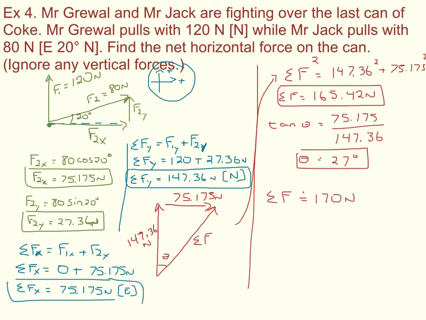And then we've got to write our direction over here. This 27 degrees is touching north, or if you look at my triangle, the vector here is going north first, and then east second. So I'm going to say north, then 27 degrees east. And that there is my final answer.